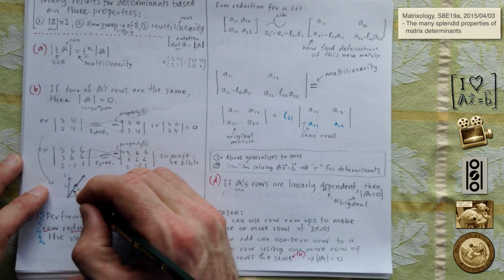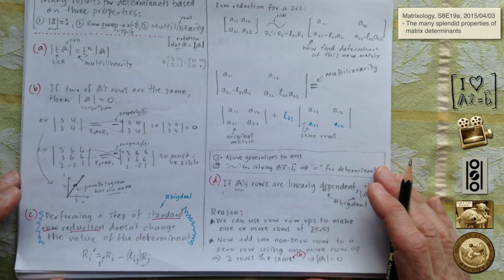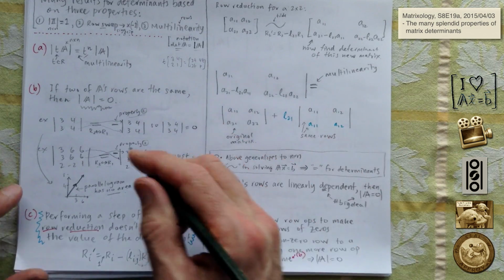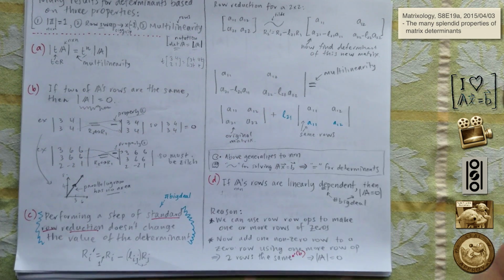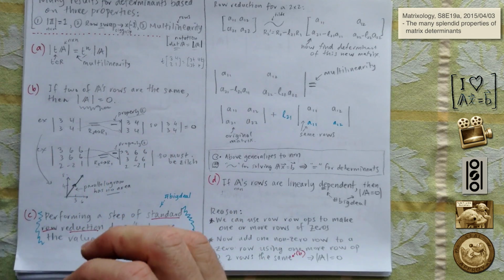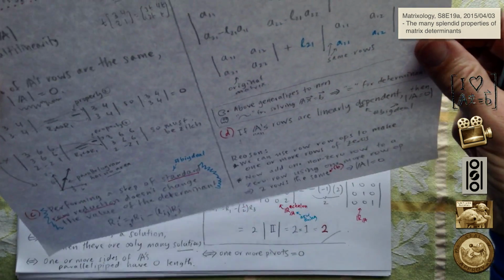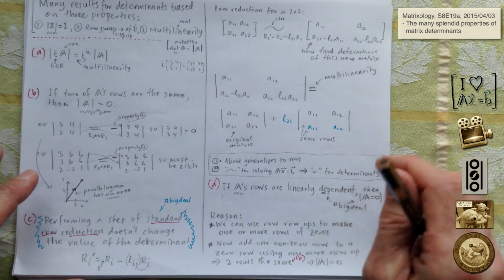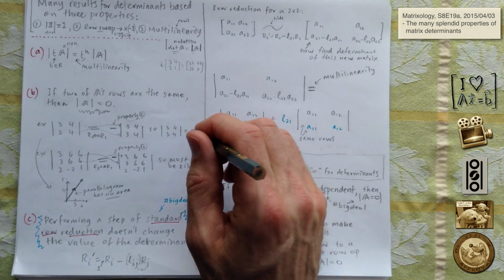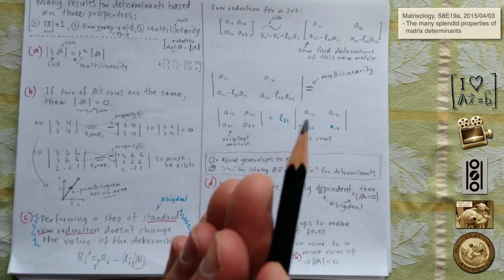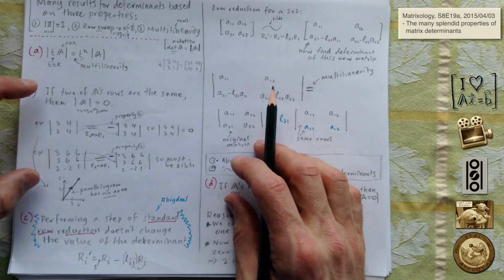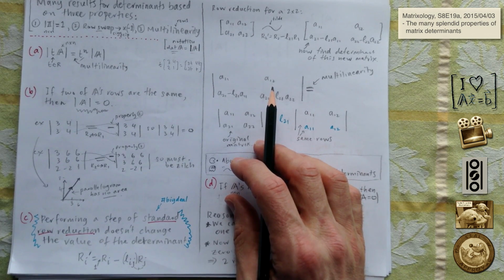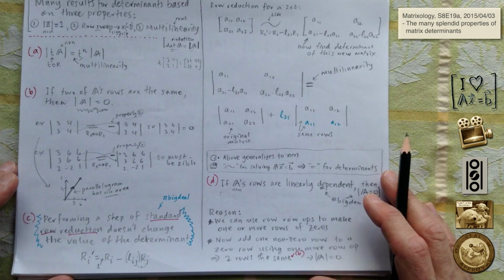It's a line, which is fine, but that takes up 0 area. In general, 0. This piece here essentially makes a parallelogram in 3 dimensions. So it's just a little thin piece of paper in 3 dimensions, which constitutes 0 volume. So that's what's going on. It's collapsed. Okay, so there's a basic result: if two rows are the same, then the determinant is 0.